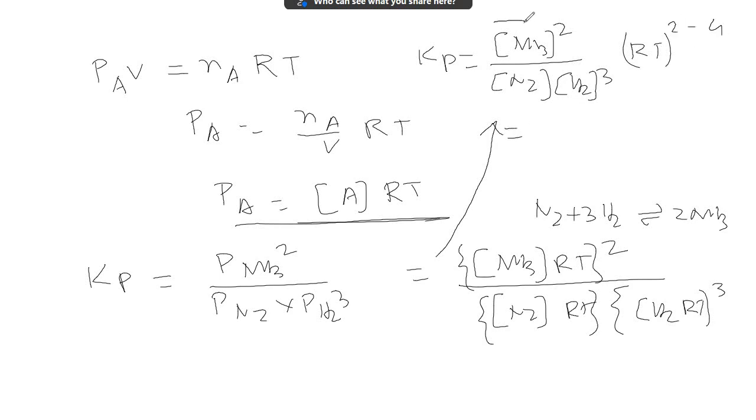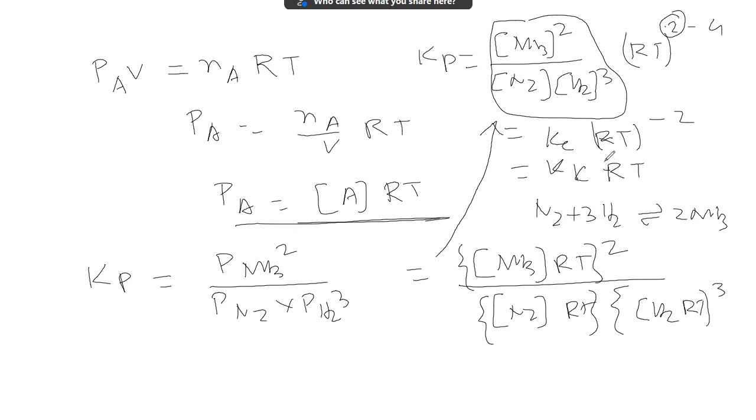These can be replaced by Kc into RT to the power minus 2. The 2 is the moles of product, 4 is the moles of reactant. So Kc into RT to the power del N. Del N stands for the difference between the moles of product and reactant.